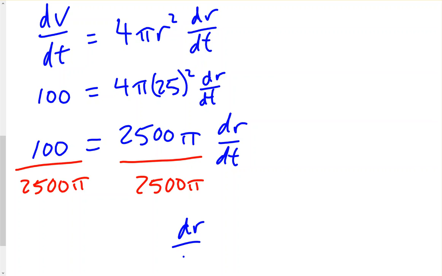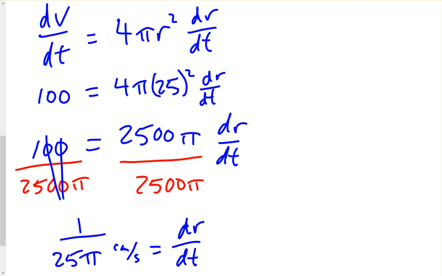That leaves us with dr/dt equals, reducing by 100, 1 over 25 pi, and that would be centimeters per second. If we put that into a calculator, that would be approximately 0.0127 centimeters per second.